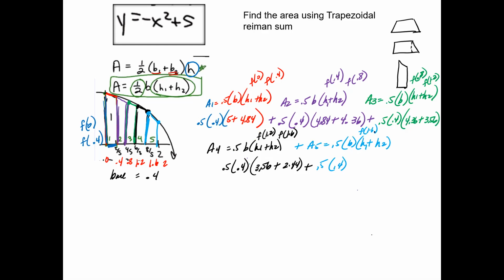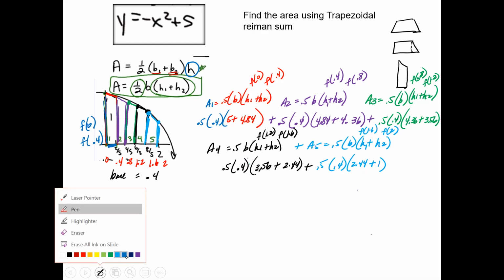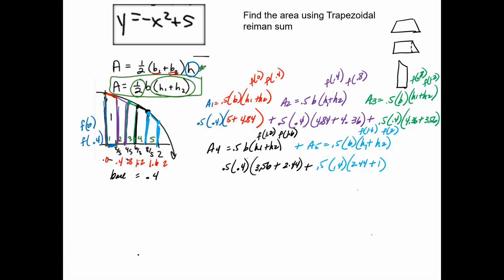And f of 1.6 is going to be 2.44 plus height 2, which is this part right here. That's f of 2. So do your second calc. F of 2 is going to be 1. All right, so this is a lot.